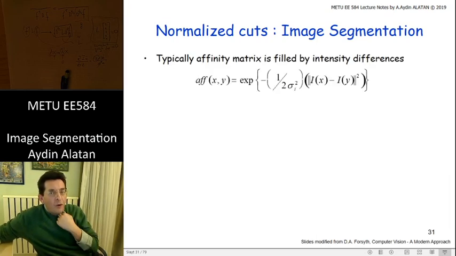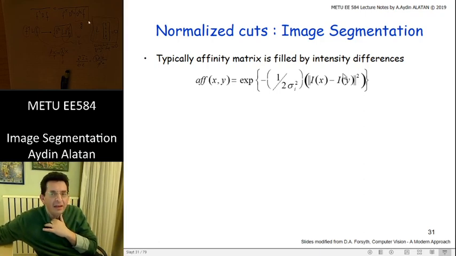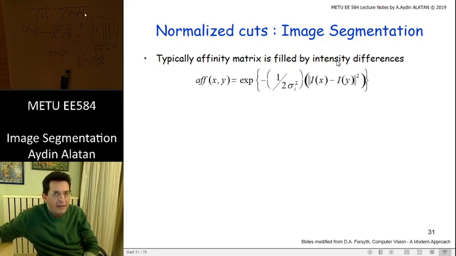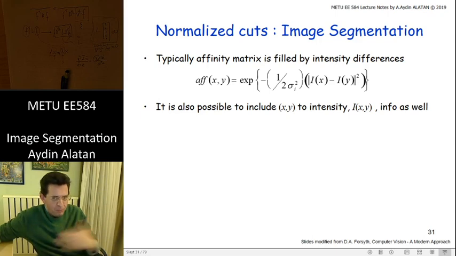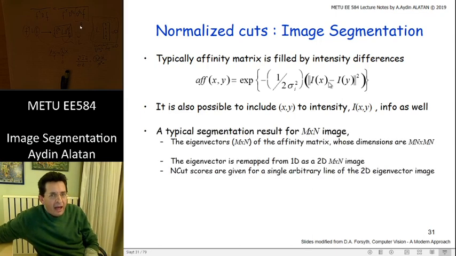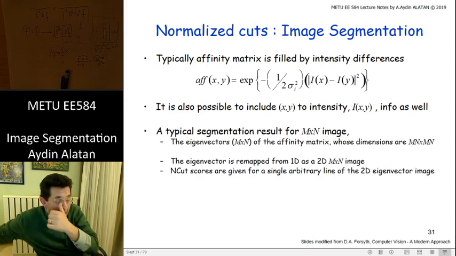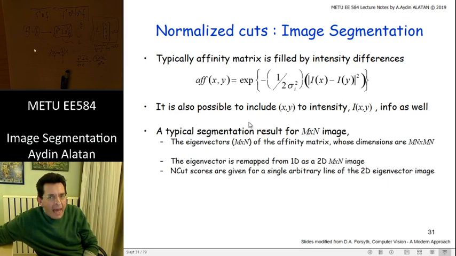Now, for image segmentation, we fill everything with intensity differences, okay? You can include your XY positions as well. You will just define another affinity matrix, but if you simply use intensity, it also works. Let's look step by step. An image, m by n, like 100 by 200.